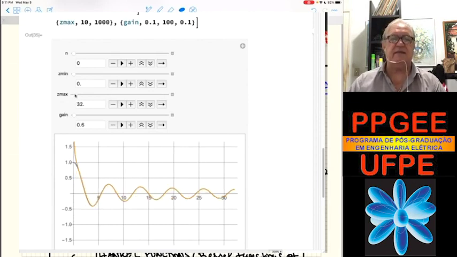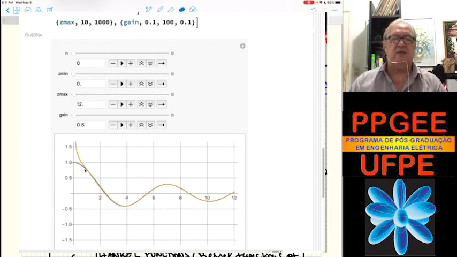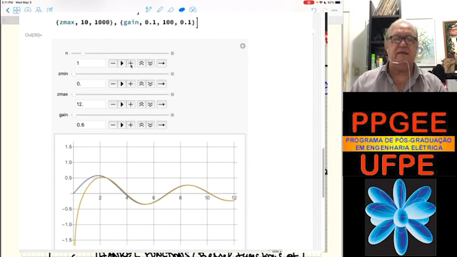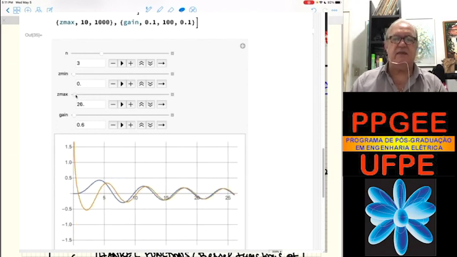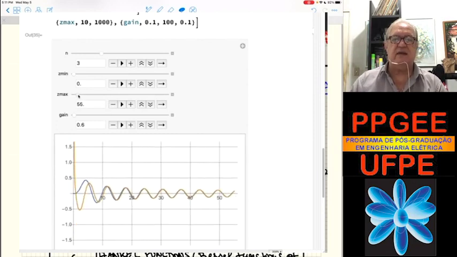Let me decrease the max here. You see? Those two things start to resemble each other, right? At very small values, but if I increase n, you can see noticeable differences. I can increase the maximum argument here to see where they really start to resemble each other.